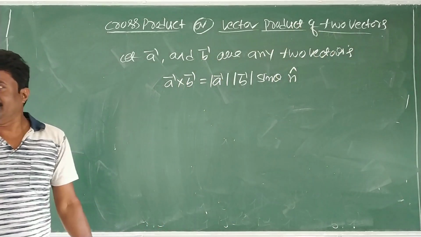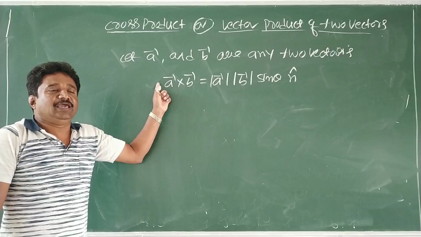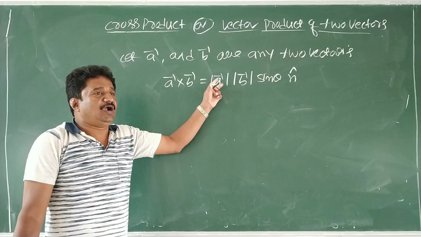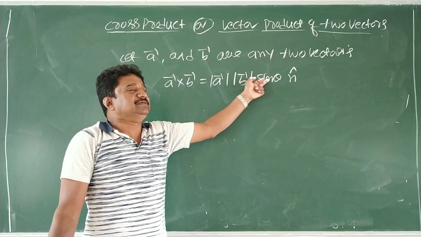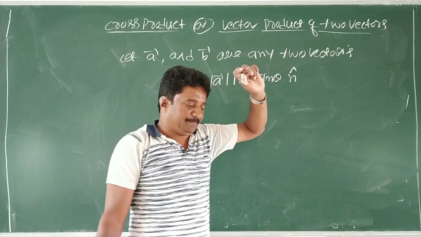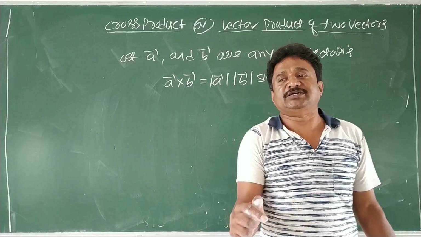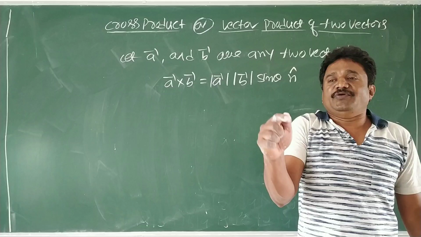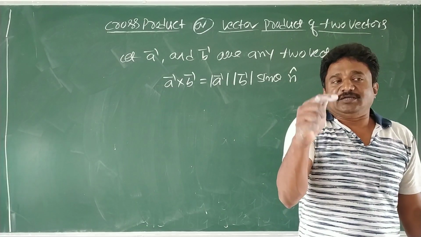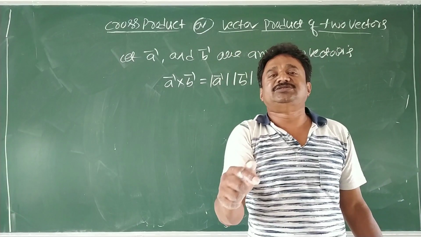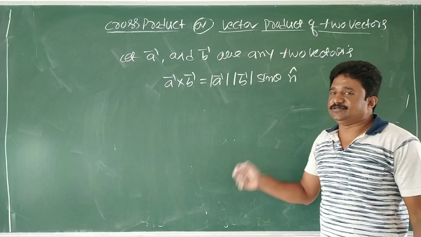One thing you remember, students: in dot product we use cos, in cross product we use sin. Dot product is related to cos, cross product is related to sin.